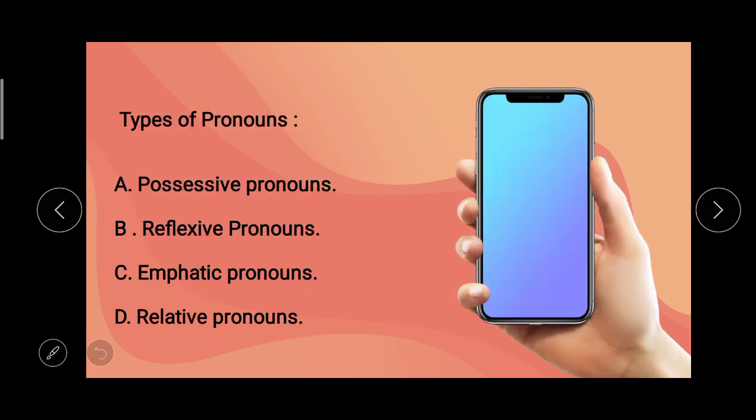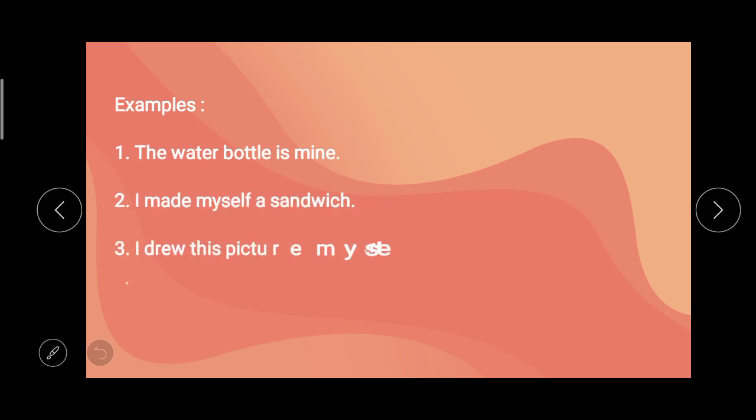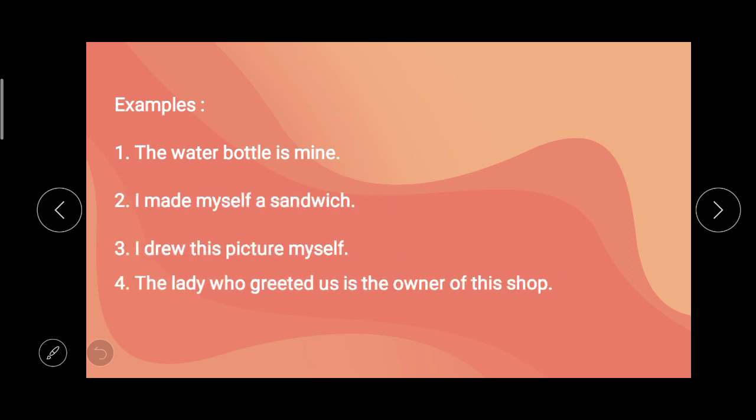Now comes the different types of pronouns. So students, we have four types of pronouns. They are possessive pronouns, reflexive pronouns, emphatic pronouns and relative pronouns. So let me show you the definition or the uses of all these pronouns now. To understand all these four types of pronouns, let me show you the first four examples.